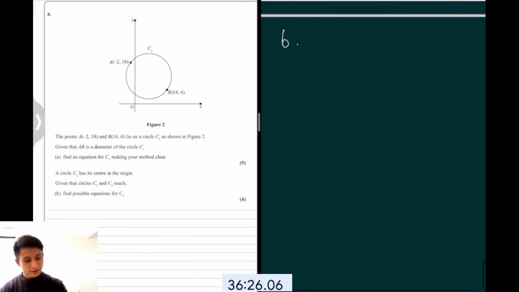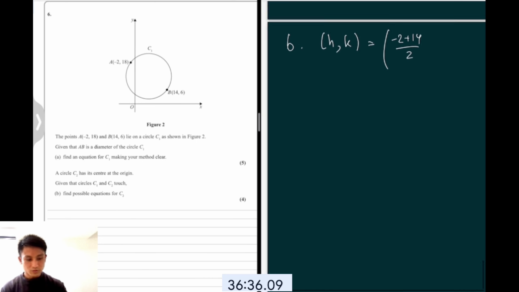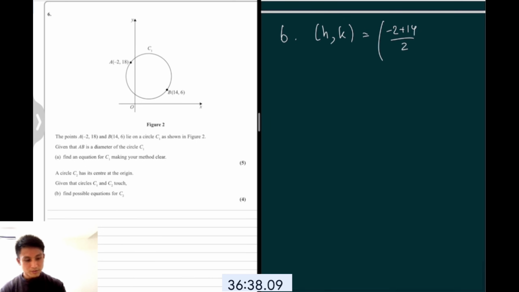So the midpoint, the center H, K, would be (minus 2 plus 14) divided by 2, comma, (18 plus 6) divided by 2. Minus 2 plus 14 is 12, 12 divided by 2 is 6, and 24 divided by 2 is 12.